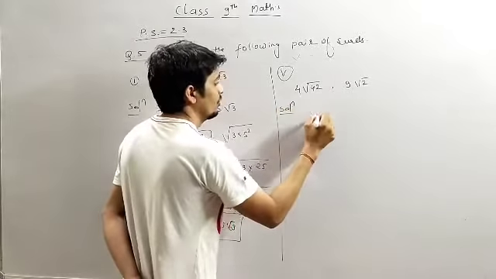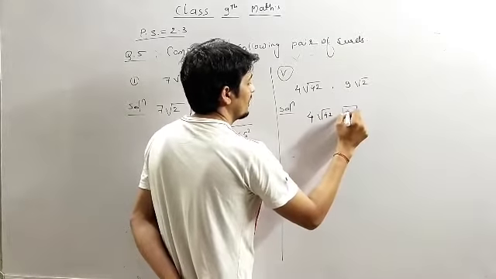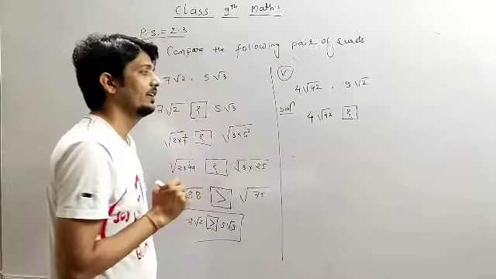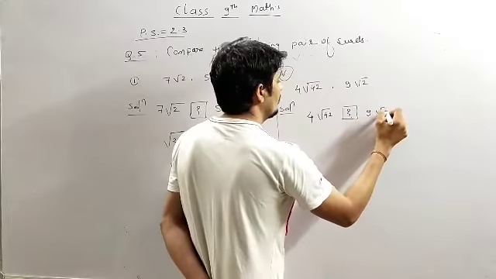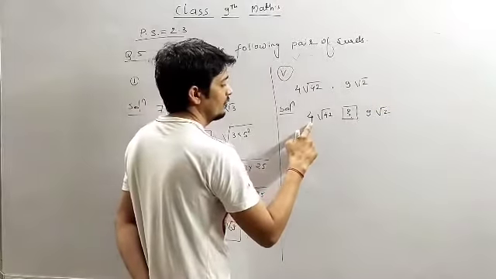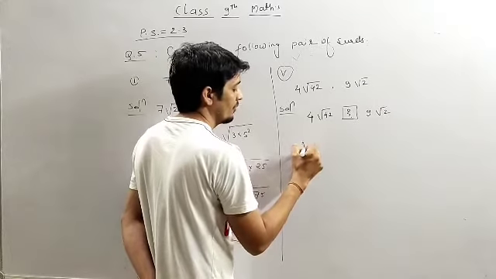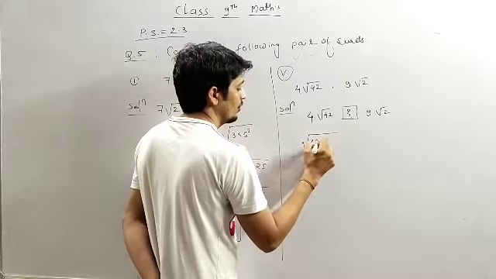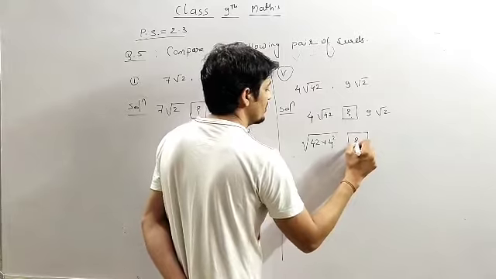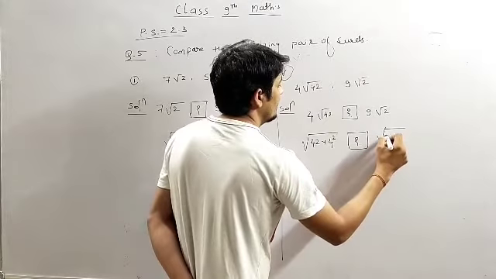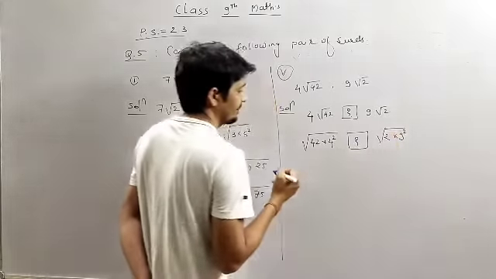In the box we have to write a question mark because we don't know whether they are equal or not equal. Now we have to take this 4 and 9 inside the root, so they will come along in square form. So we have 42 into square of 4, again a question mark, and here we will write 2 into square of 9.